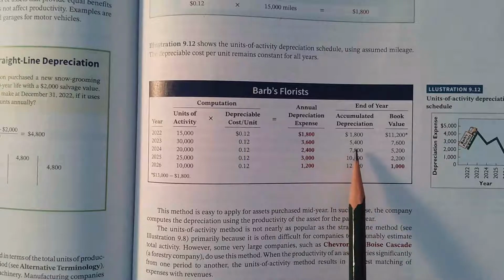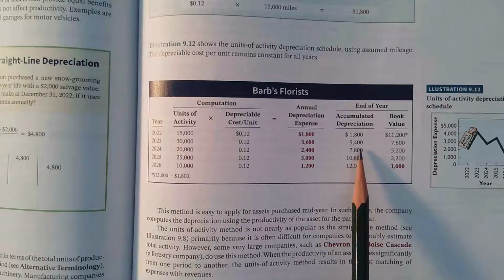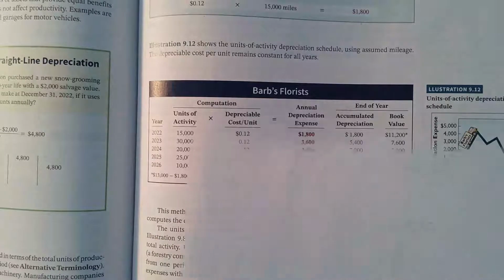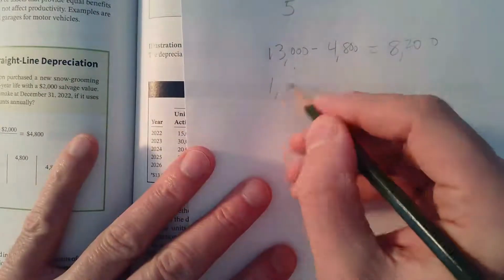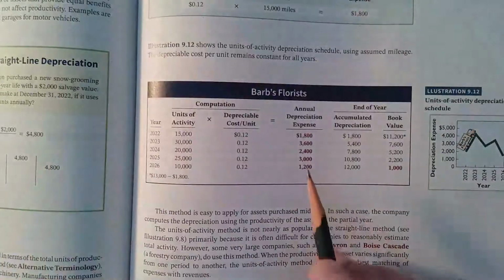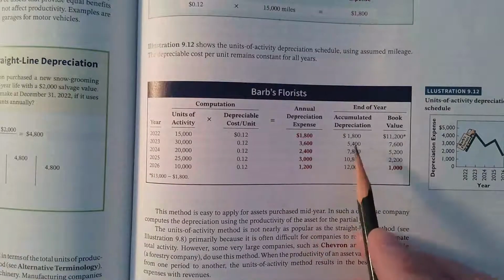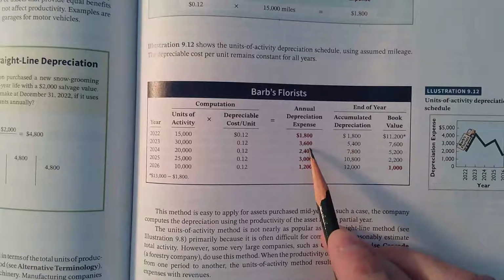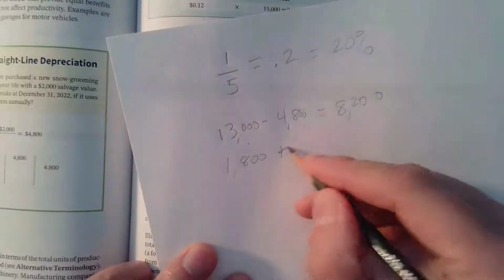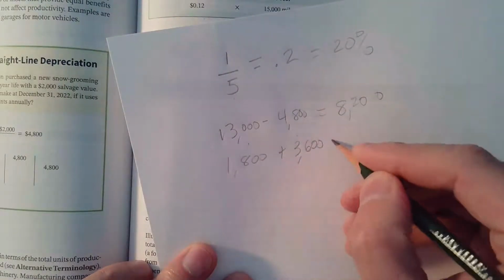In year 2, why this is 5,400 is because they took this 1,800 here, plus this 3,600, and added the two together.